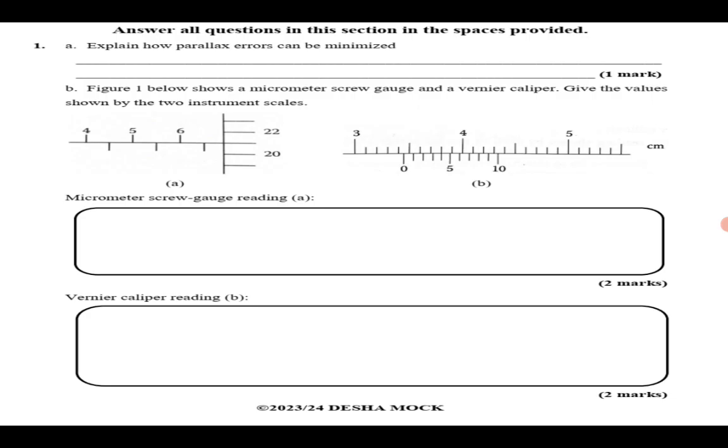So question number 1 is saying explain how parallax errors, I'm sure it's referring to parallax errors in a measurement, can be minimized. Recall that parallax errors are errors originating from poor positioning of the eye with respect to the measurement scale.